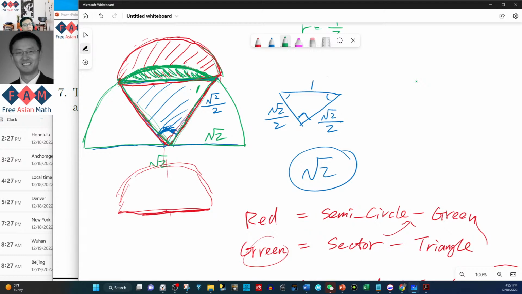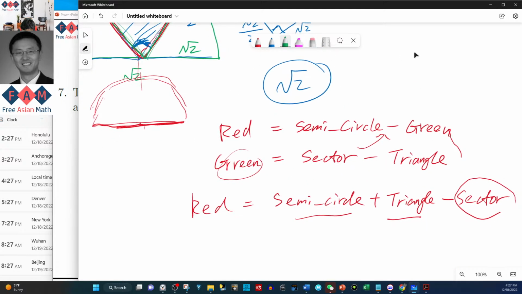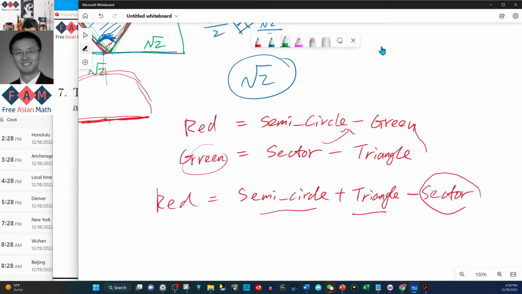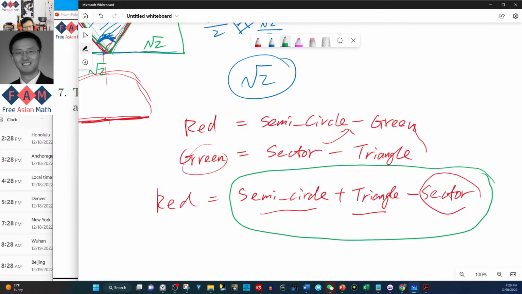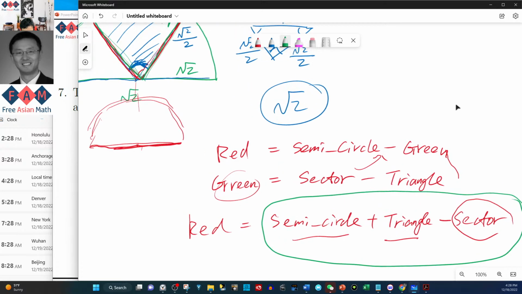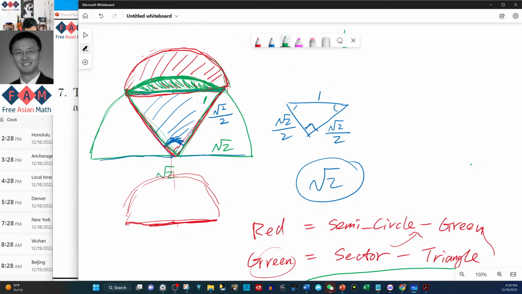From there, I can see how I can compute the green shaded area. When I put everything together, it turns out this relationship has a more direct meaning, which is you just combine the triangle and the semicircle, then subtract the green sector.